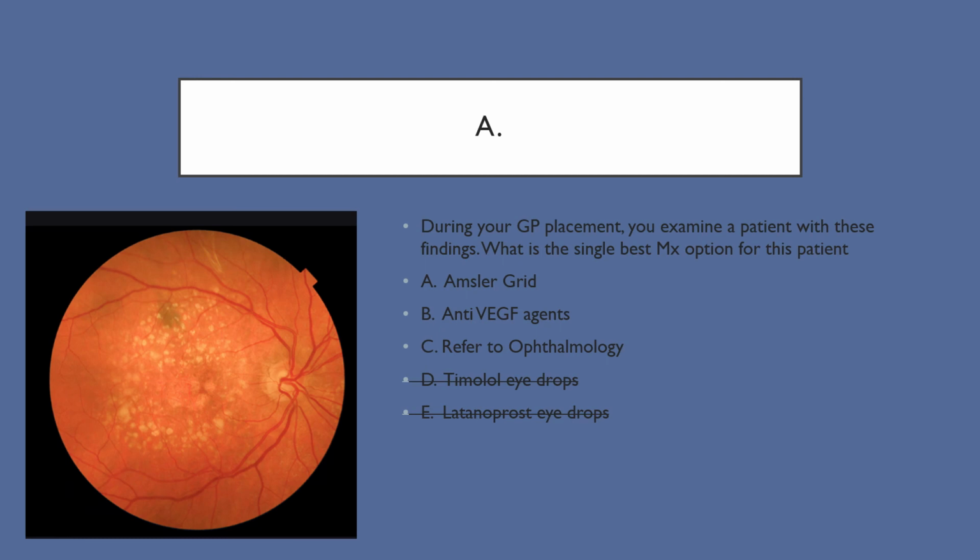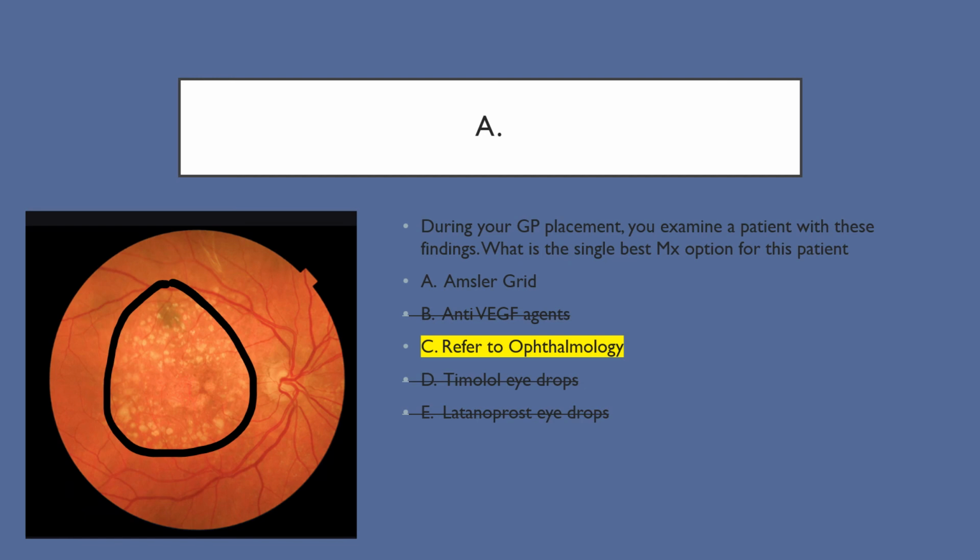Now on the retina we can see drusen, but there's no evidence of neovascularization, there's no hemorrhage. Therefore, we can remove option B, as anti-VEGF agents are used in wet AMD, and in this example, it's dry AMD. Now, out of the 2 remaining options, the single best answer is referring to ophthalmology.